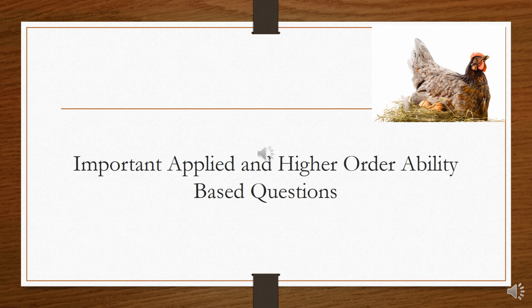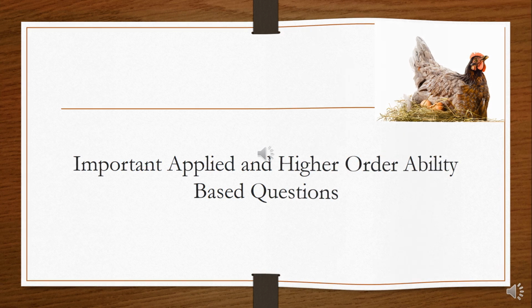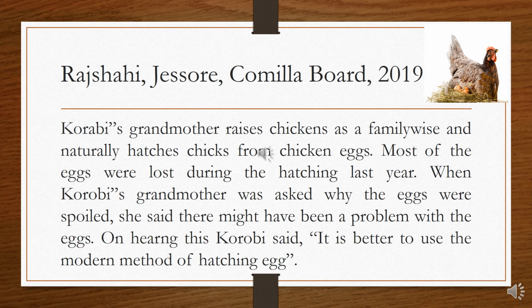Now, most importantly, it's time to know about important applied and higher order ability based questions with answers. First of all, one stem from Rajshahi, Jessore, Comilla Board 2019. Here is the stem. Korobi's grandmother raises chickens as a family and naturally hatches chicks from chicken eggs.